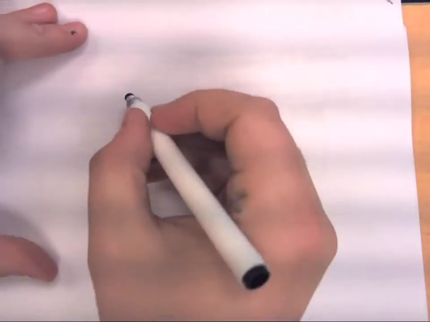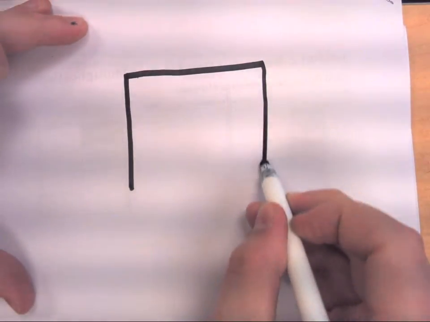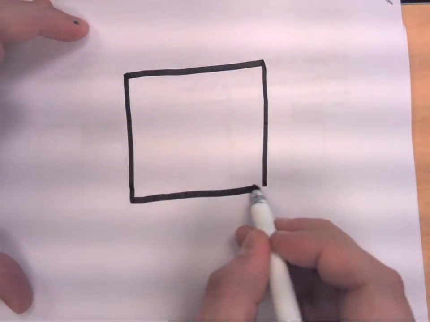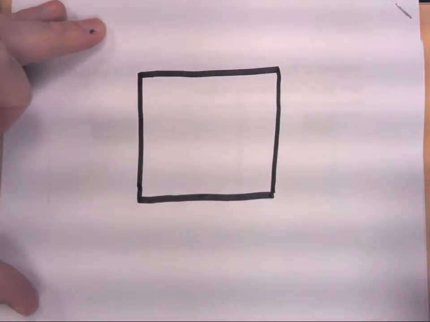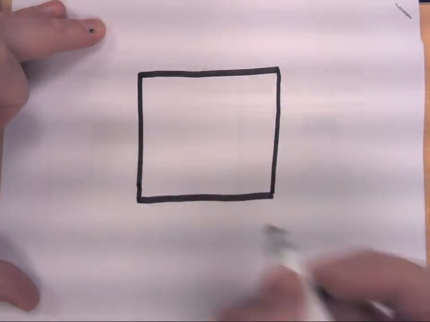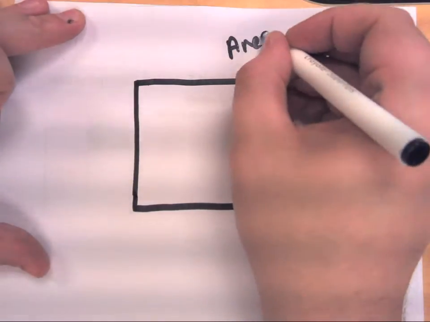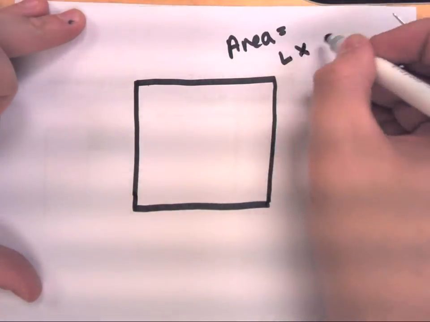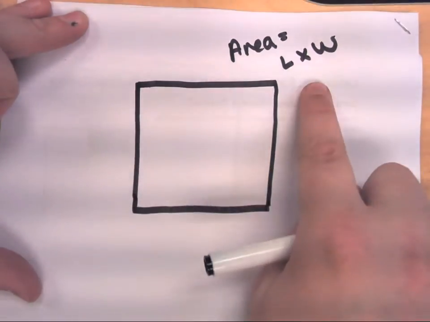And in the last unit, we found the area of rectangles that had fractional side lengths. And so they are comfortable with understanding that area is equal to the length and the width being multiplied together.